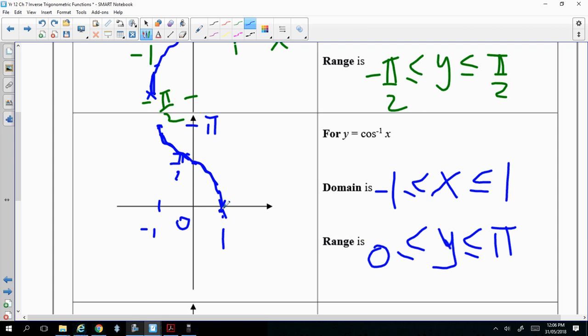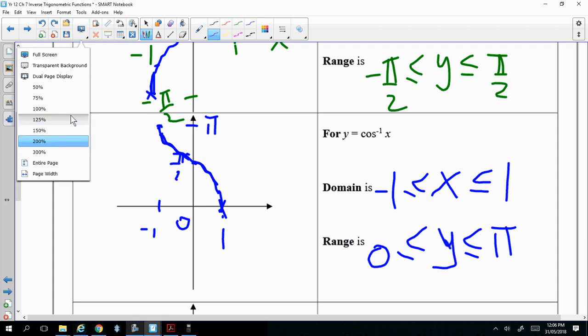And then do the tan inverse. Alright, have a think. Do the tan inverse.